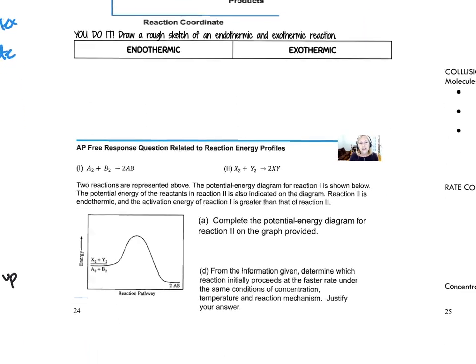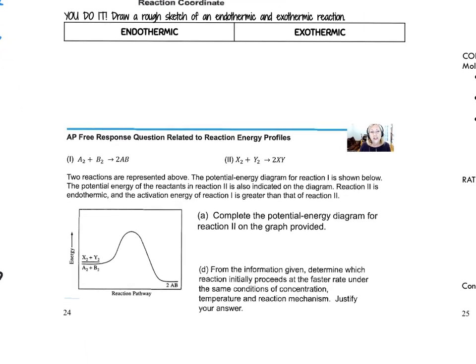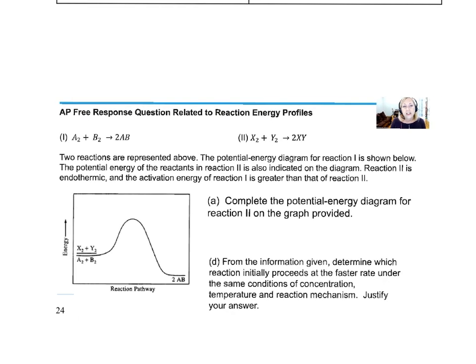Okay, I just want to come down here real quick. Okay, so it tells me that I have two reactions. They're represented above. We've got reaction 1 already in the diagram.